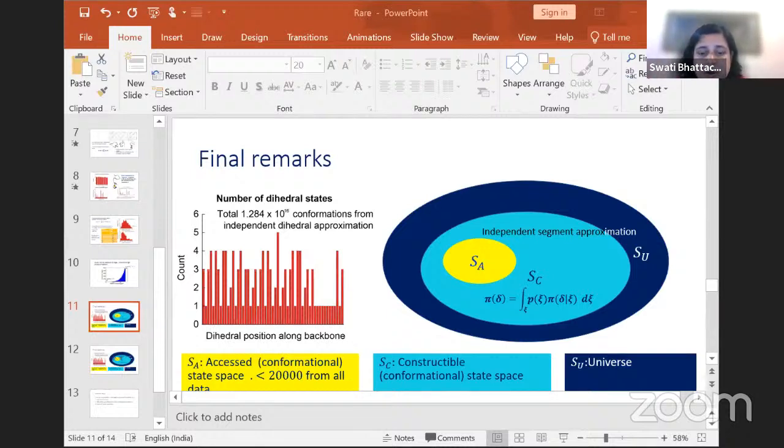You can come up with alternate definitions of local moves and local states and alternate ways of enhanced sampling. And still, the point is the larger framework, how we are going from this local viewpoint to capture the entire conformational space of the whole molecule. So that is the thing. Okay, thanks.